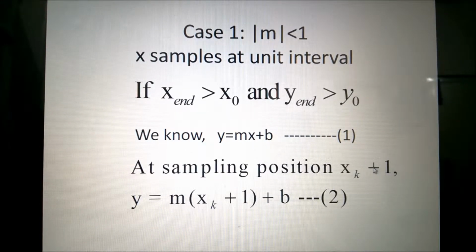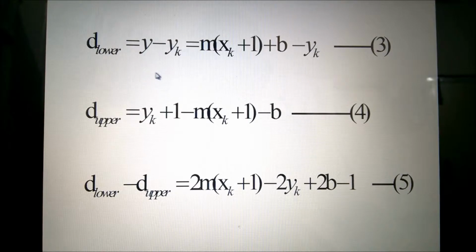Therefore the x coordinate will be incremented, and if you substitute here we get this equation. Now as shown in the diagram, d lower is equal to y minus yk, and we get this equation, and d upper we get this equation, and the difference between d lower and d upper.